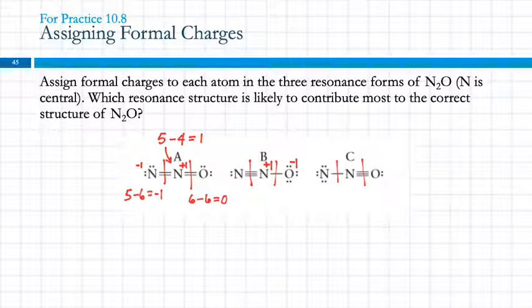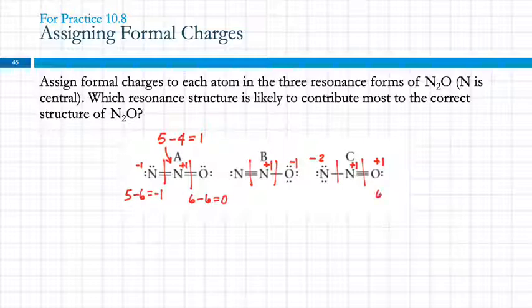And then over here, nitrogen brings 5, now it's leaving with 7, minus 2 on that one. And this nitrogen brought 5, leaving with 4, right, plus 1. Oxygen bringing 6, leaving with 5, plus 1.